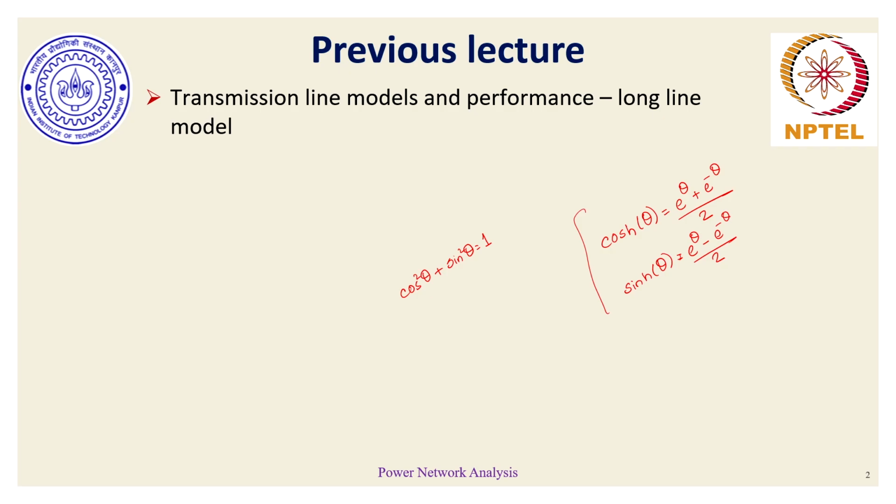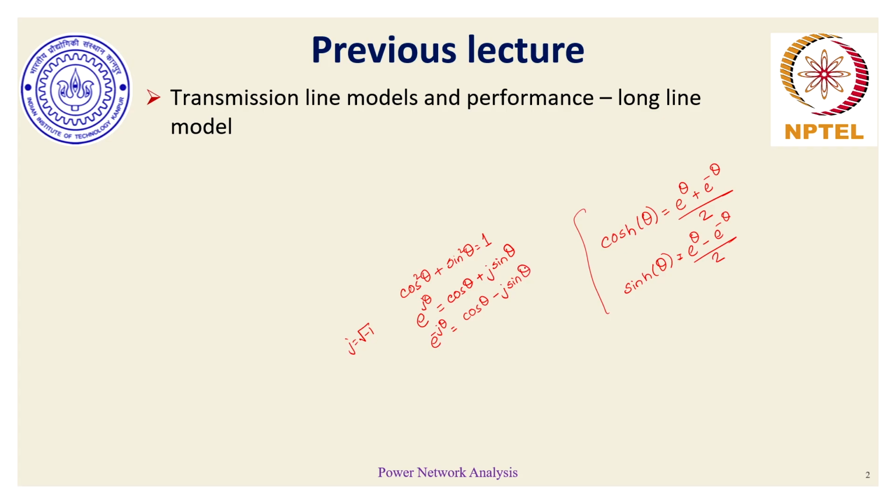Why is that? Again, there could be a straightforward reasoning to it. So, let us say if I have to take the exponential of j theta, where j is square root of minus 1, the complex operator, then e to the power j theta is nothing but cos theta plus j sin theta. And similarly, if I take e to the power minus j theta, it would be cos theta minus j sin theta.